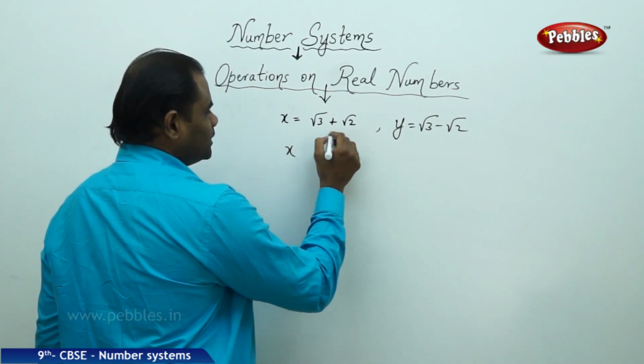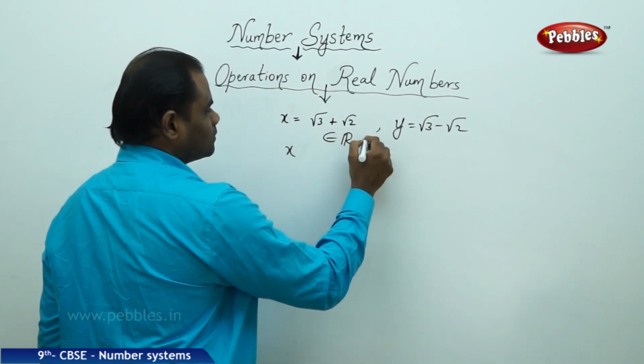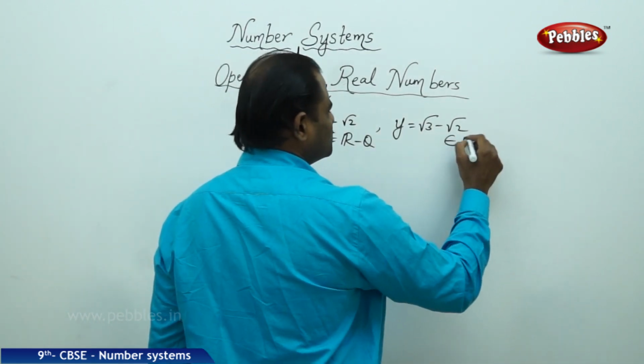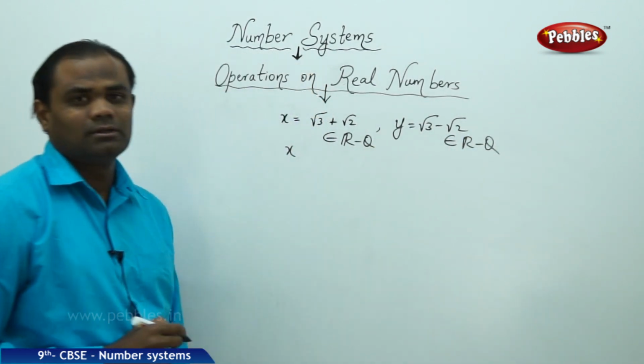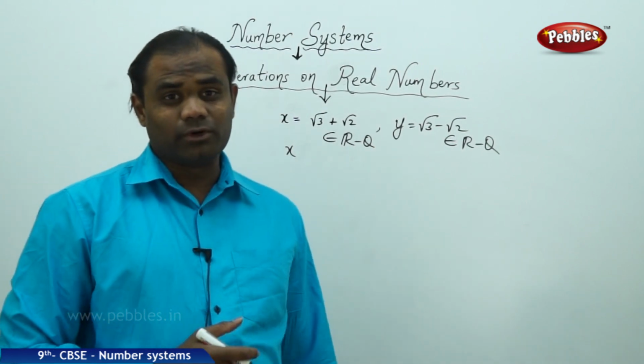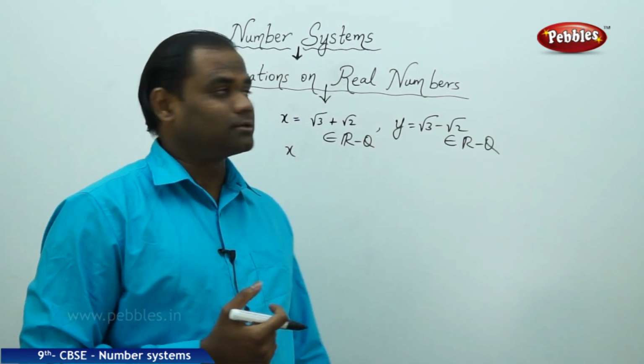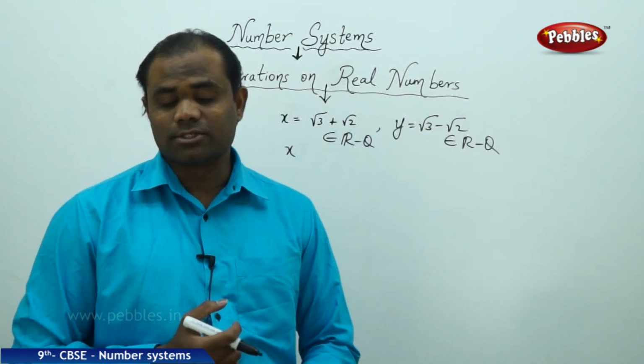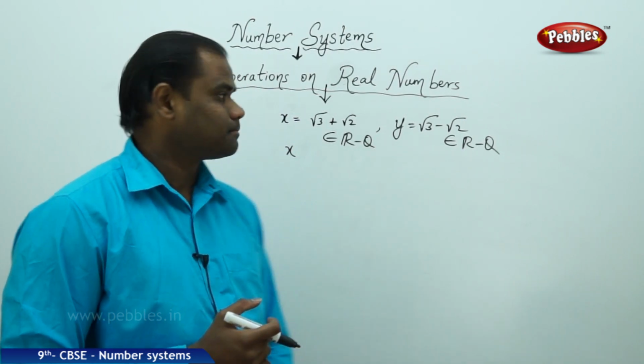Clearly x is an irrational number and my y is also an irrational number. So now let's see what the product would yield in its simplification through operations using real number properties.